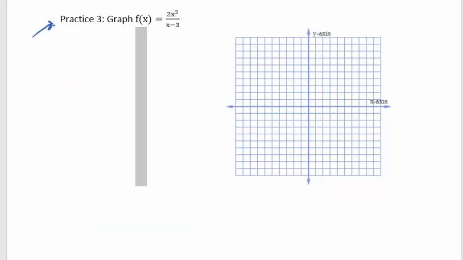And this one is a little different, but let's look at our leading terms here and figure out what is going to happen here. So notice I have 2x squared as my leading term up top and then just x. So this is a case where the numerator is 1 degree higher than the denominator. So this is a slant asymptote situation. So we're going to be looking for a vertical asymptote here and a slant asymptote.